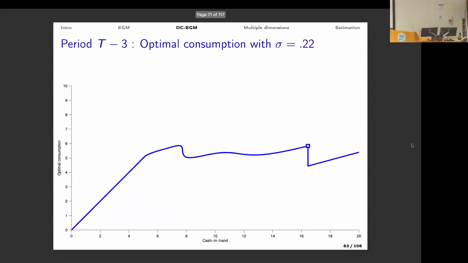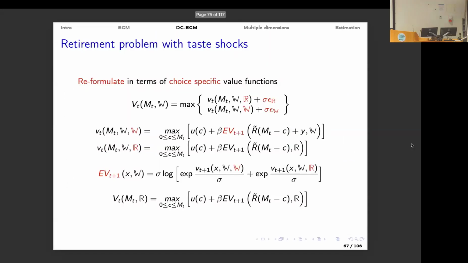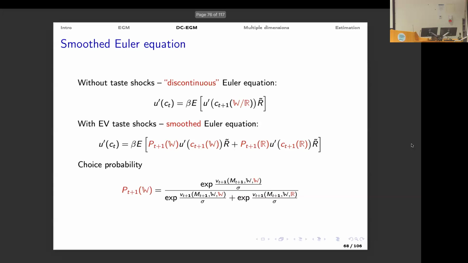Oh, sorry, my fingers are too large for this clicker. What you get is this. So now you're equating the marginal utility of consumption today to the discounted expected weighted sum of the marginal utility of consumptions in 2 different regimes, retiree or worker, and the weights are actually choice probabilities of tomorrow.